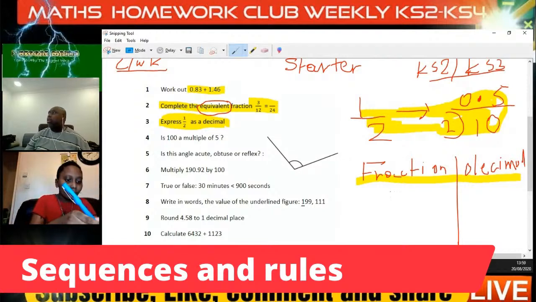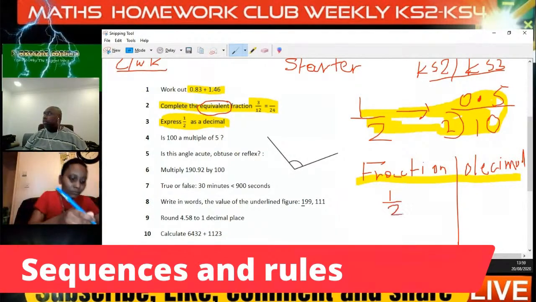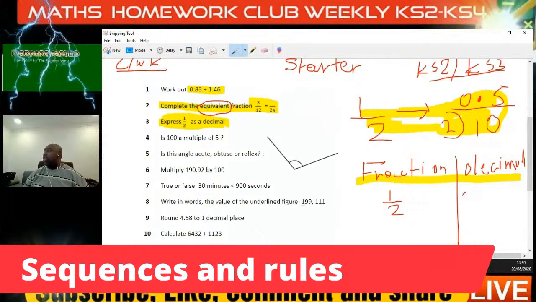So, a half as a decimal is 0.5. Yes? Write that down.